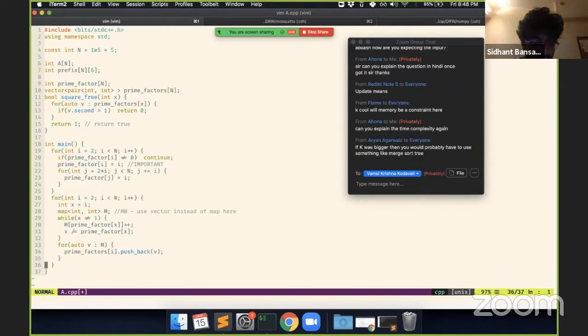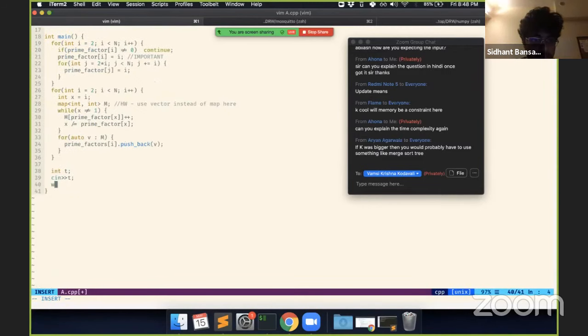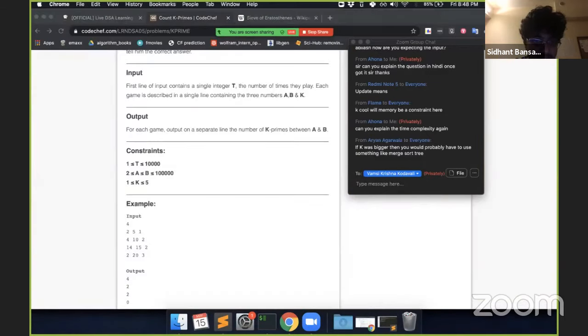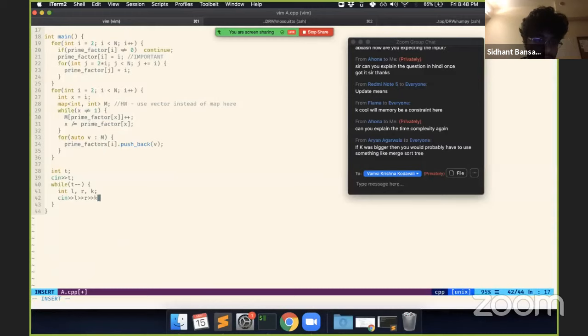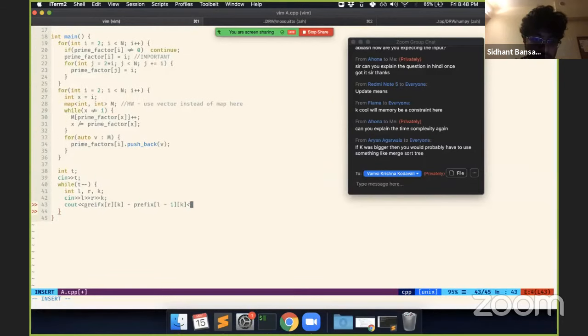Okay, cool. So now you take in t, and we get these values, and your output should be pretty simple: prefix r,k minus prefix l minus 1,k.